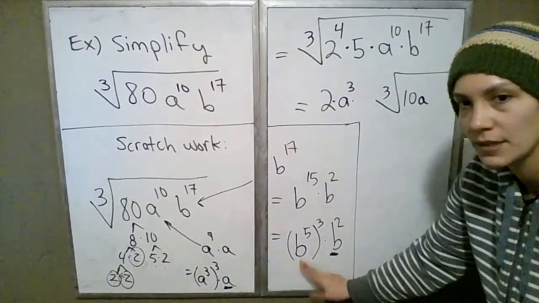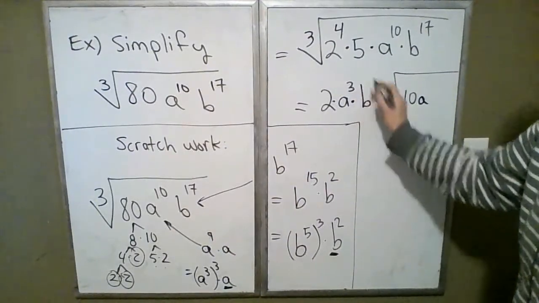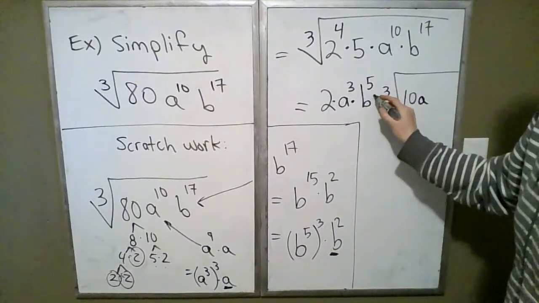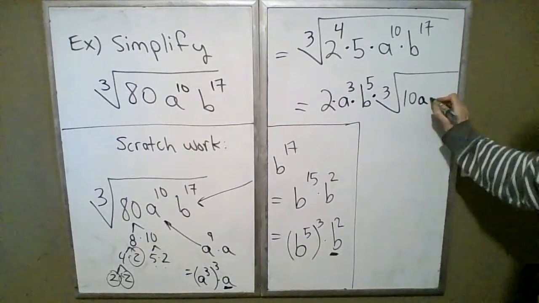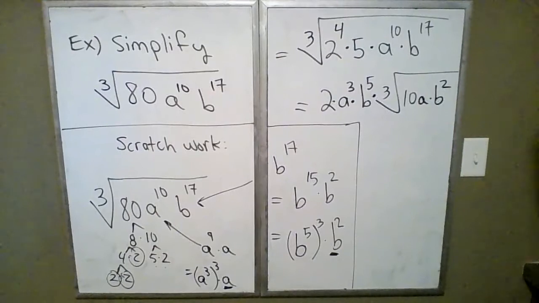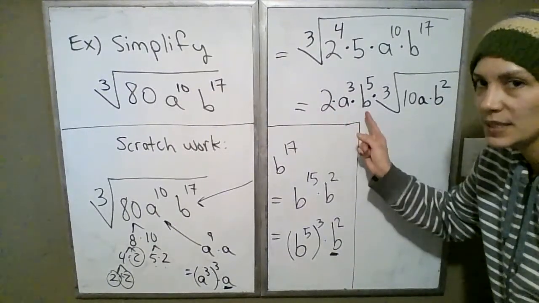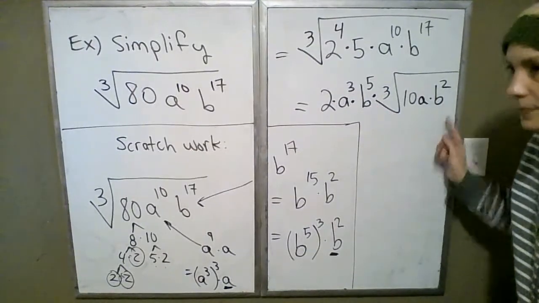So b to the 5th is out from under this cubed root, but the b squared stays. So I got 2a cubed b to the 5th times the cubed root of 10ab squared.